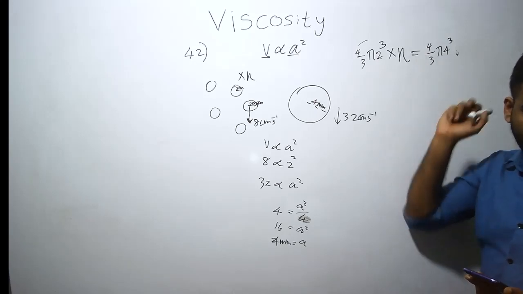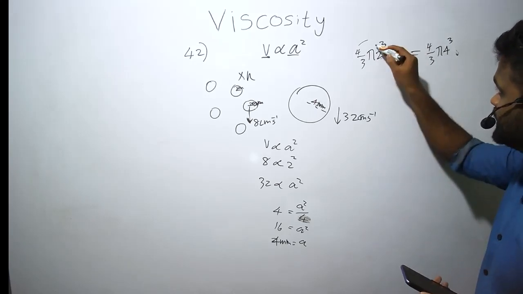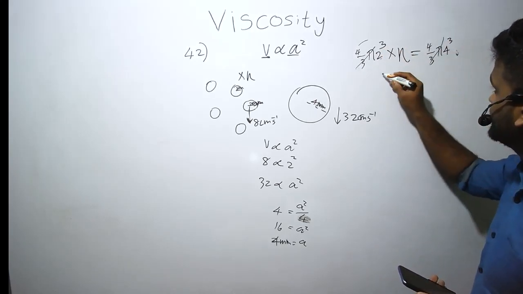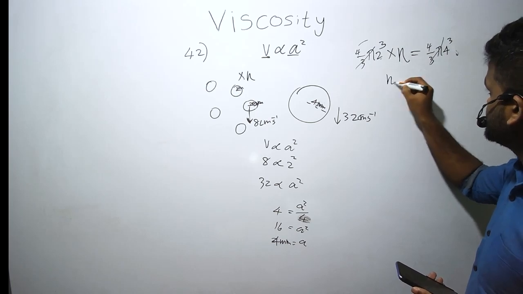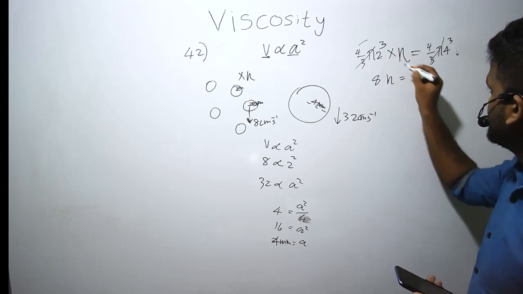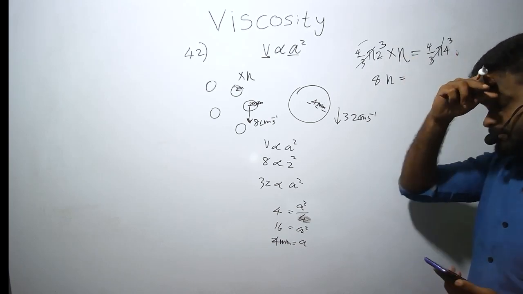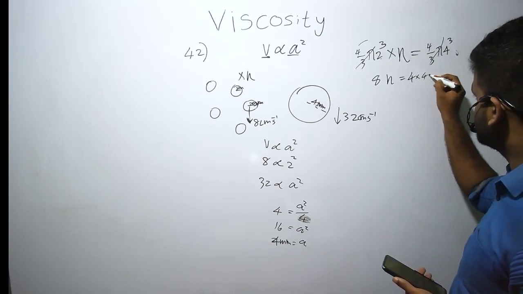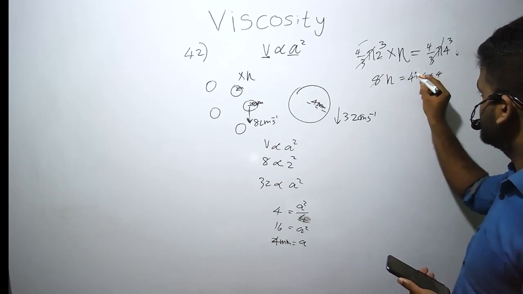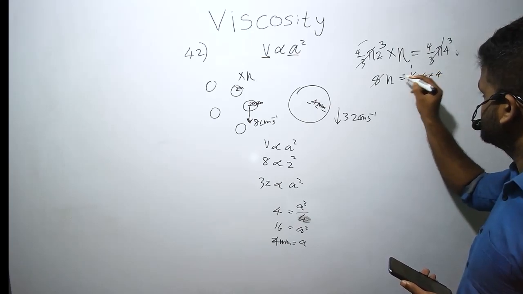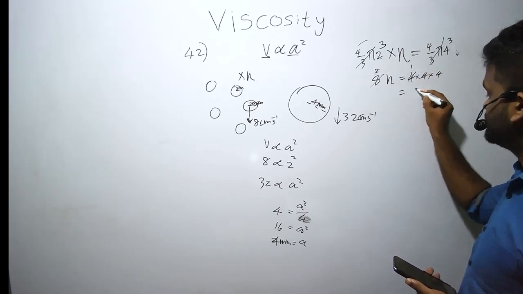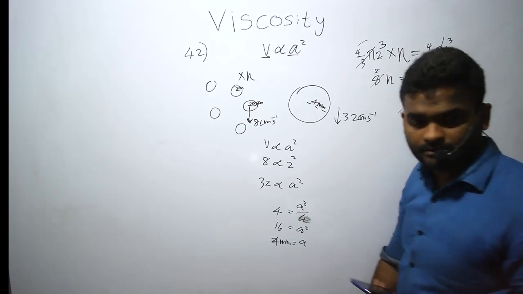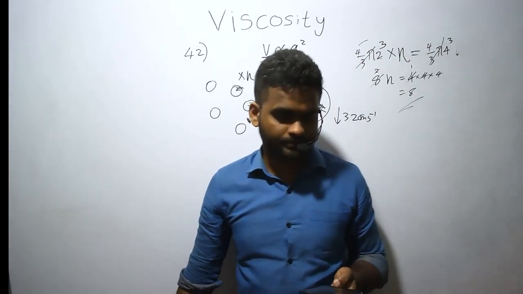Then using this one you can find n. Get rid of 4/3. N is equal to what? This is 8. 4 times 4 times 4 over 8, that is 8, right?